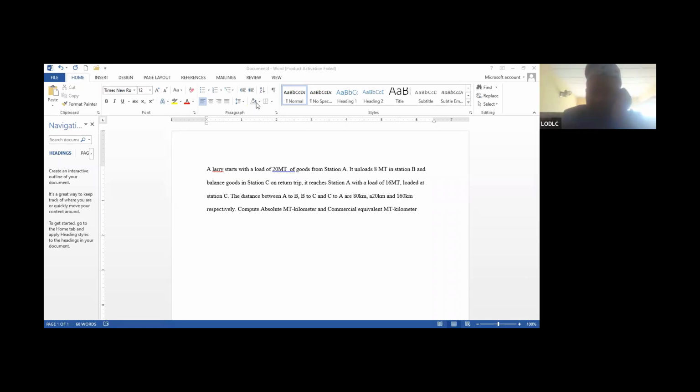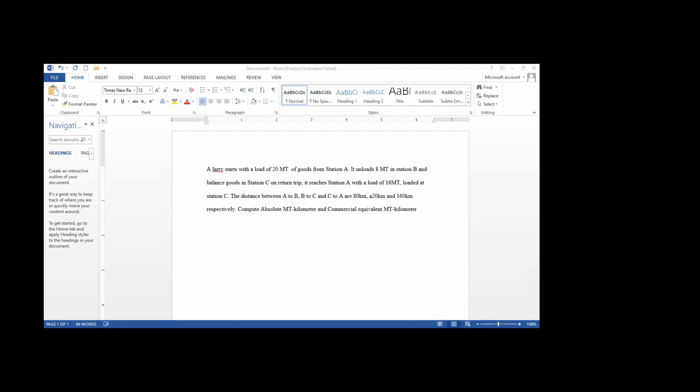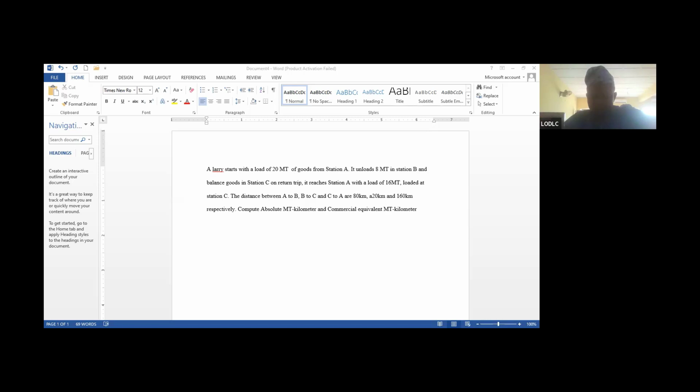They said a lorry starts with a load of 20 MT of goods from station A. Who can tell me the meaning of MT? Metric tons. God bless you.